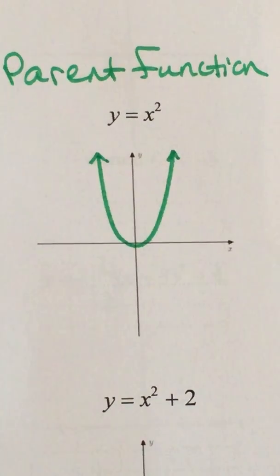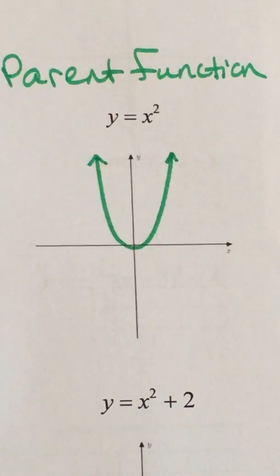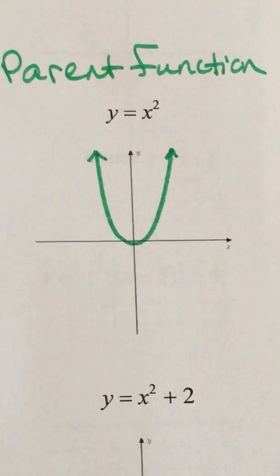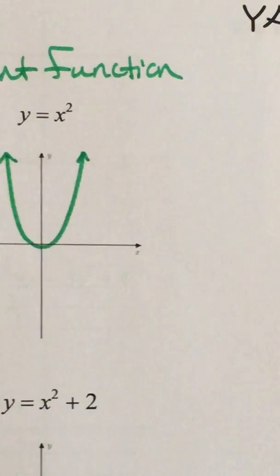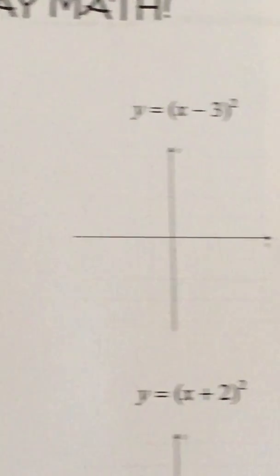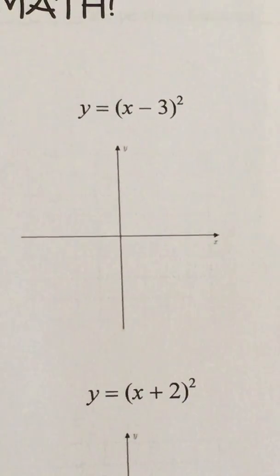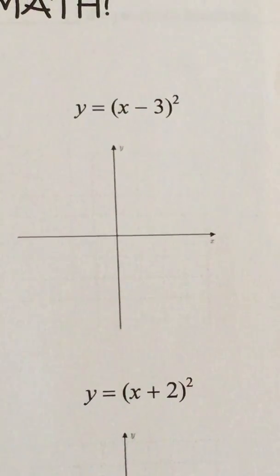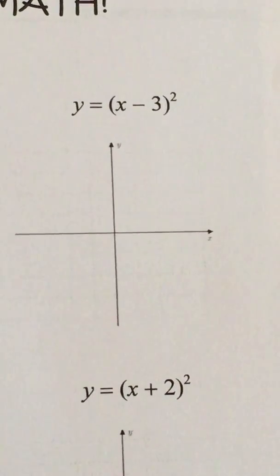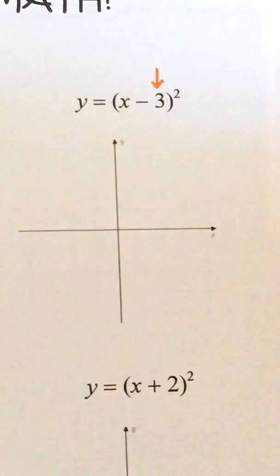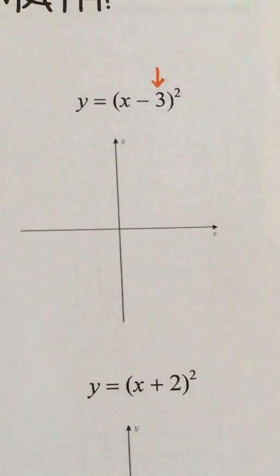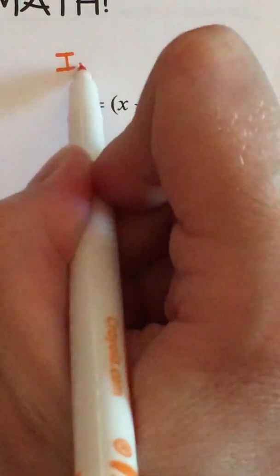Very nice and tidy. Okay, so now let's look at this second example right beside our parent function. y equals the quantity of x minus 3 squared. So here, this minus 3 is inside the parentheses.